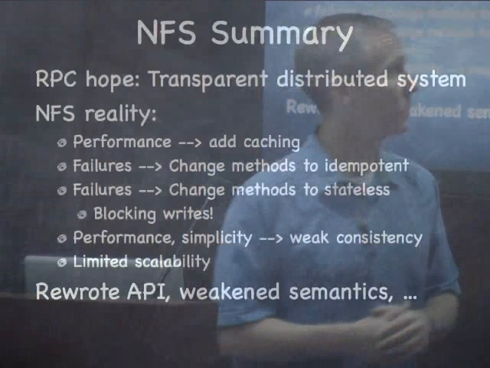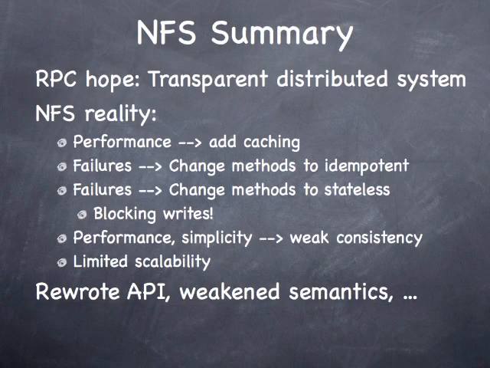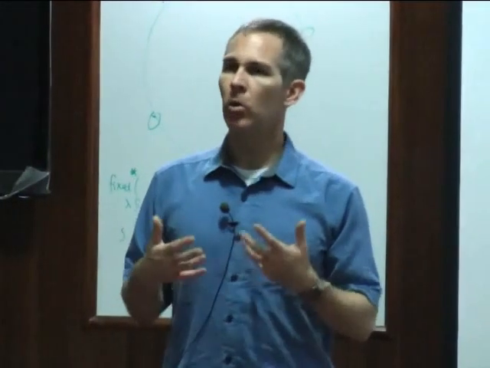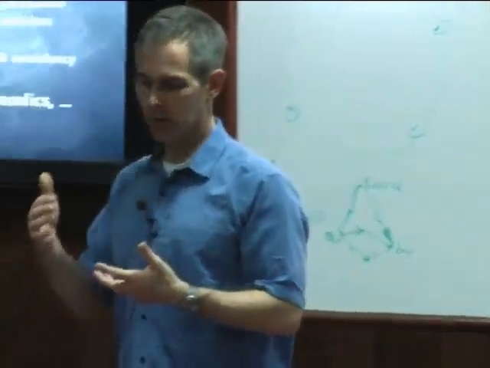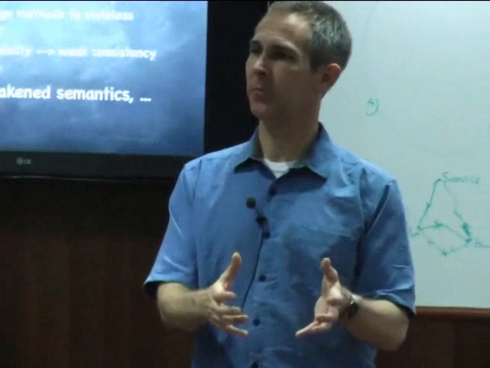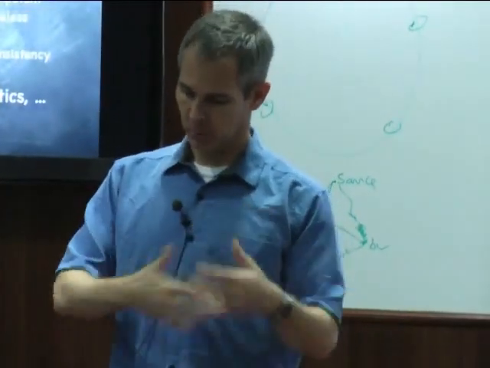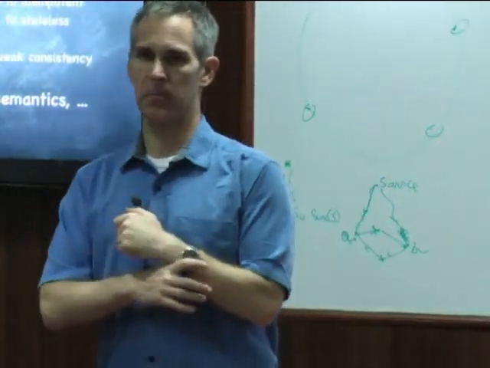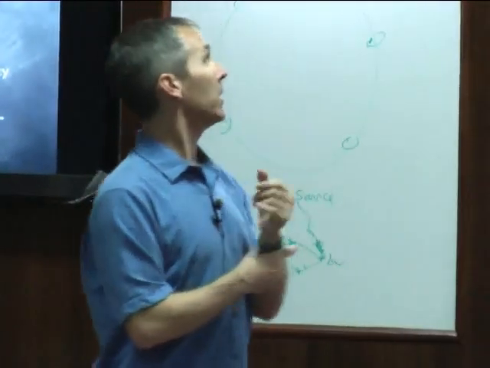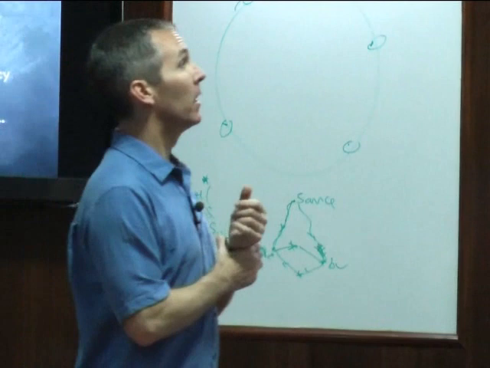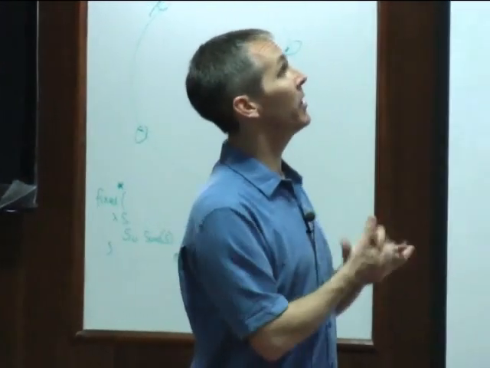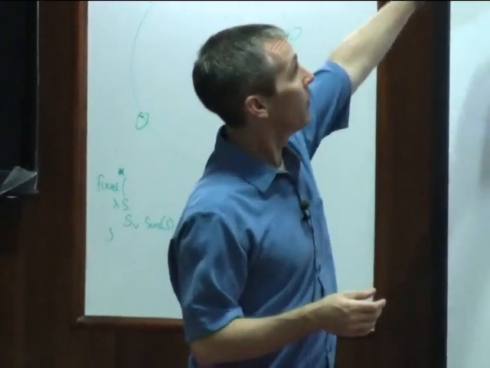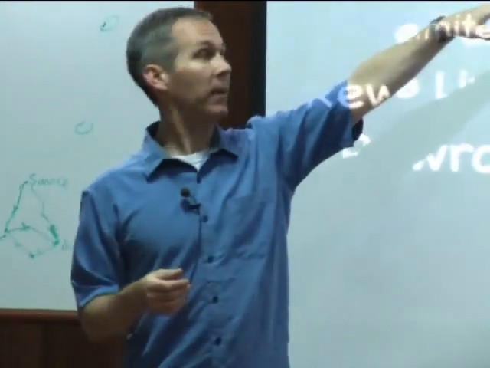And so the hope when remote procedure calls were invented was that you would take your centralized system, push a button, recompile it, the stubs get put in place, and now I've got my distributed system. But the reality, at least for NFS, was that RPCs just didn't solve the problem. Because I had performance issues, I had to go in and add caching.